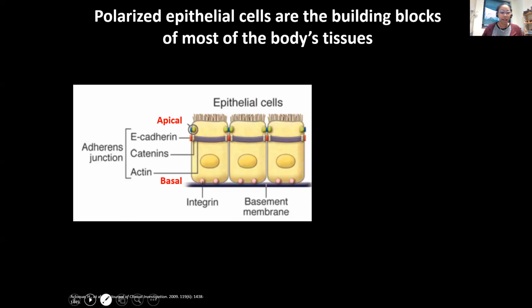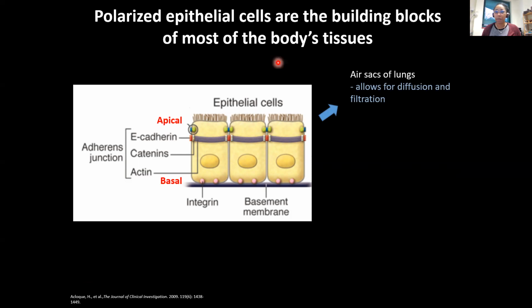And epithelial cells are one of the most prolific cell types in the body. And so therefore epithelial tissue is one of the most prolific tissue types in the body. And they have multiple jobs, right? They're pretty important for the functioning of most organisms. They line the air sacs of the lungs, which allows you to breathe.